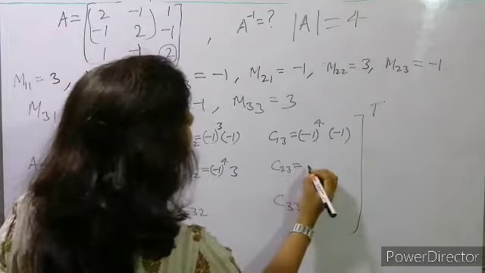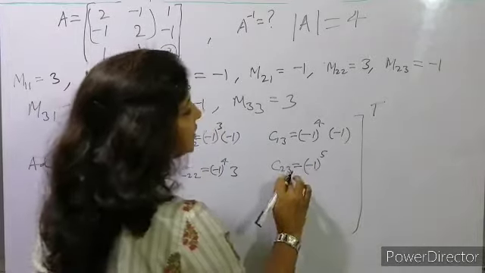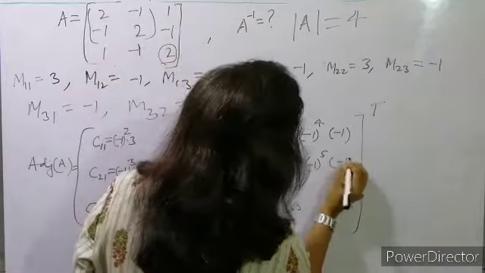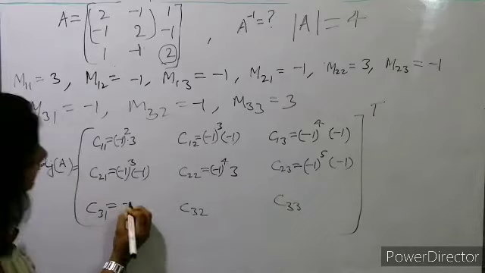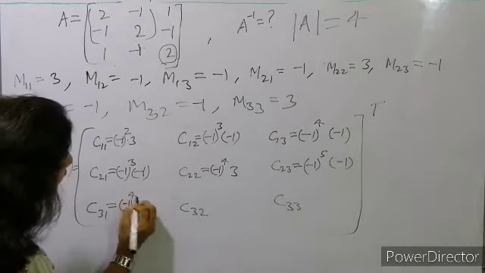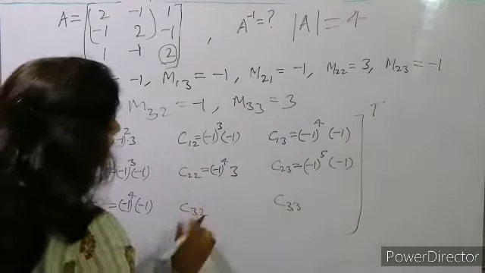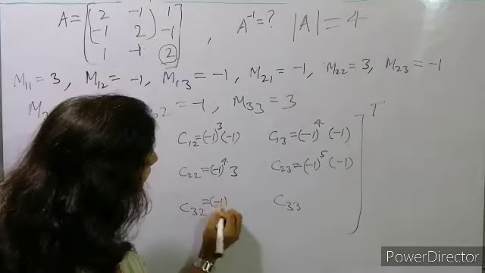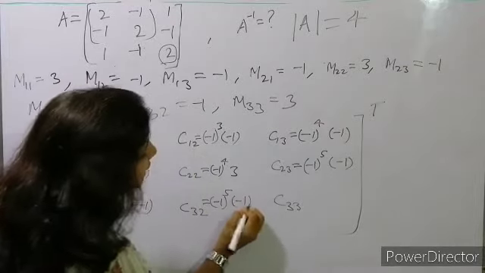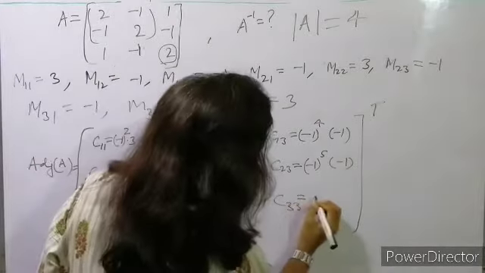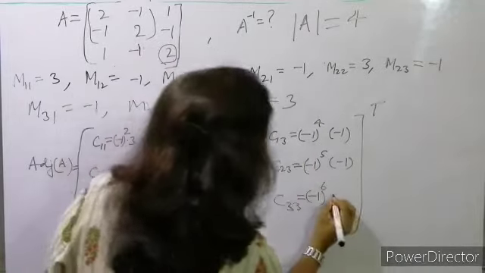Now 2, 3, minus 1 to the power 5. 2 plus 3 is 5 and M23 is minus 1. Now 3, 1. So minus 1 to the power 3 plus 1 is 4 and this is minus 1. Now 3, 2. Minus 1 to the power 3 plus 2 is 5 and M32 is minus 1. Now 3, 3. Minus 1 to the power 3 plus 3 is 6 and M33 is 3.